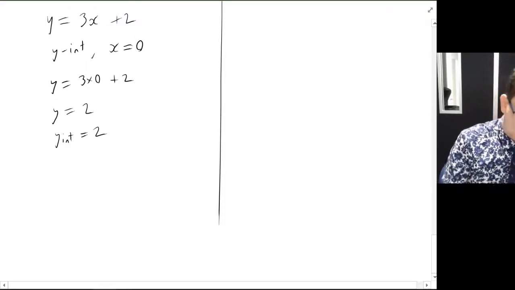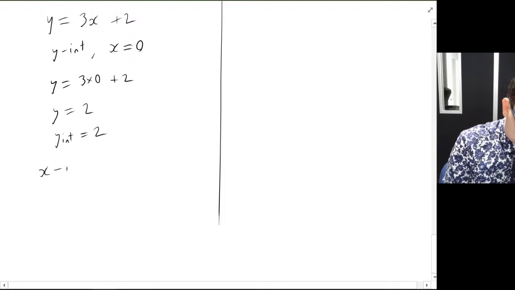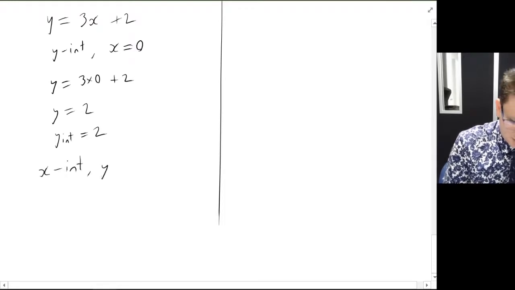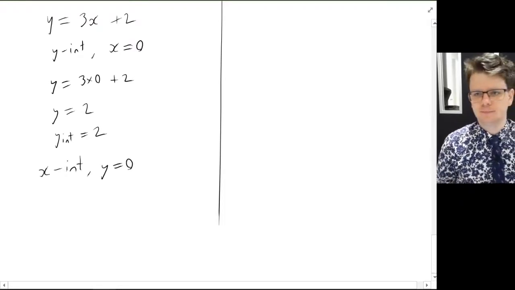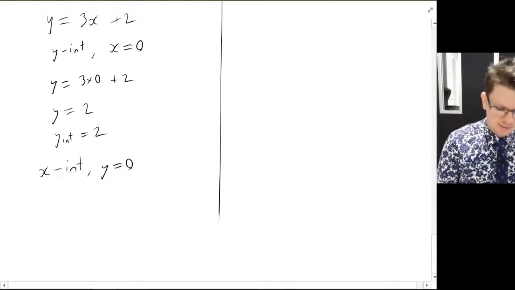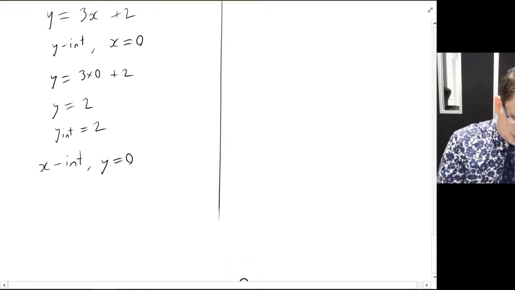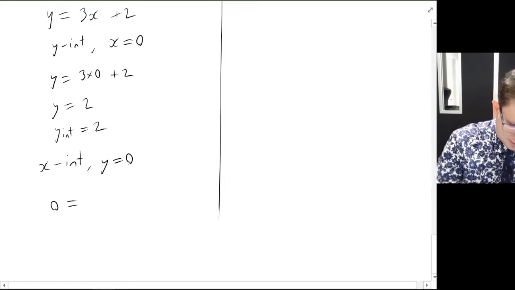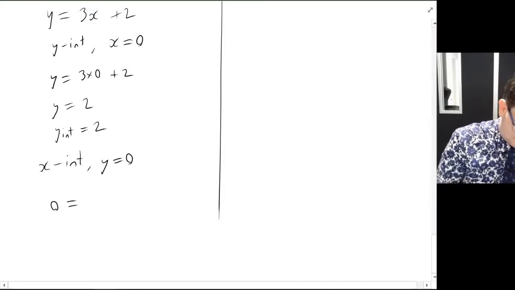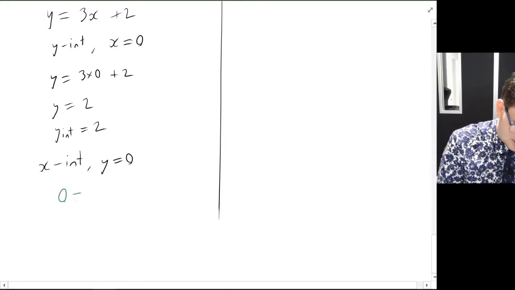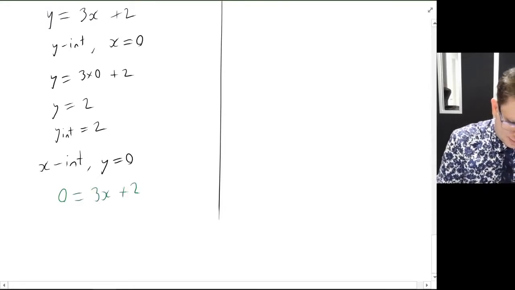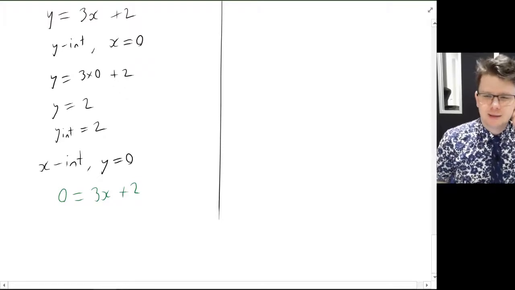How do I find my x-intercept? Well, my x-intercept is when y is equal to 0. So this is a little bit trickier. So that means 0 is equal to 3x plus 2. Now, how do I solve for x in this case?